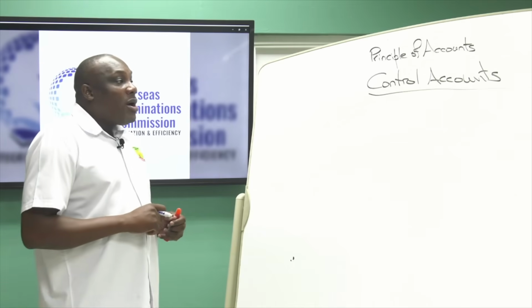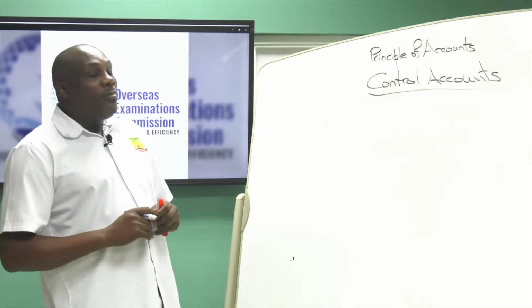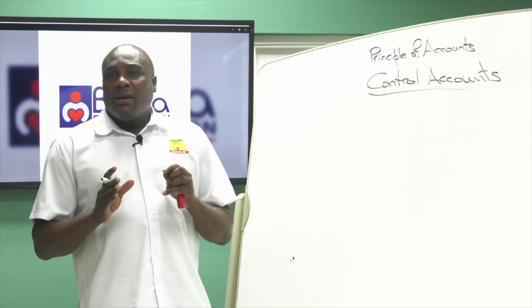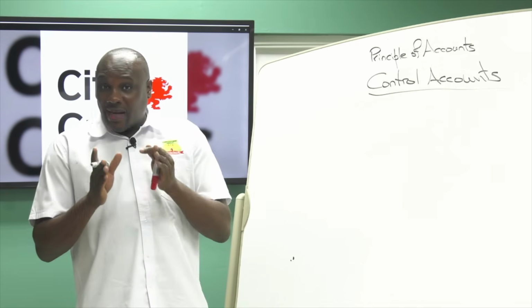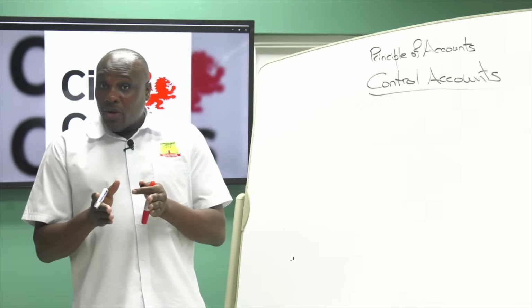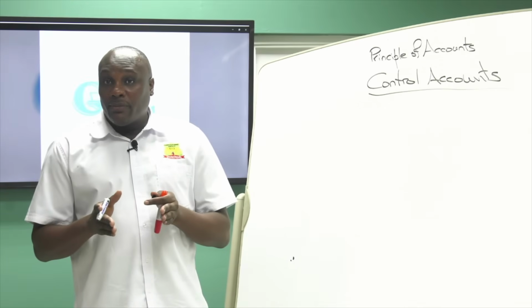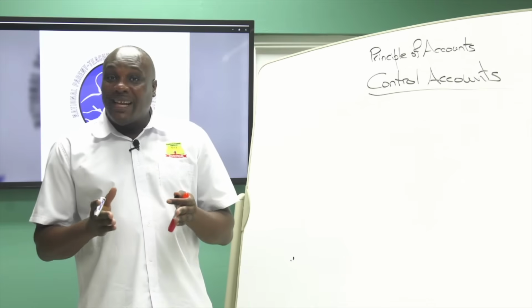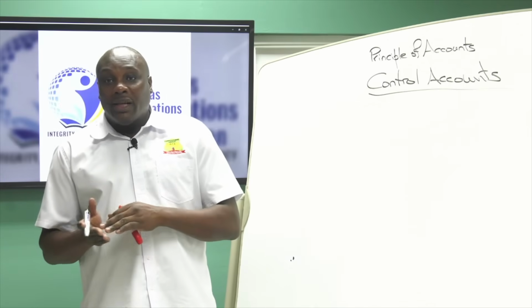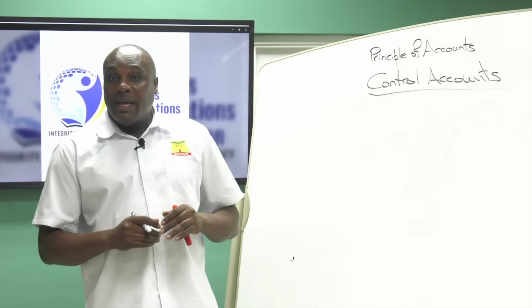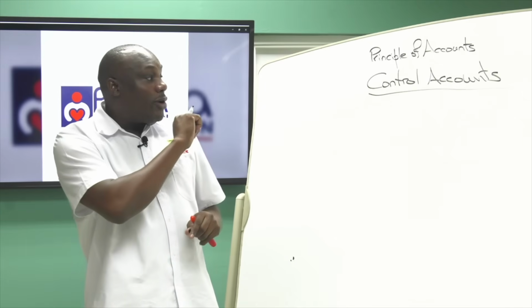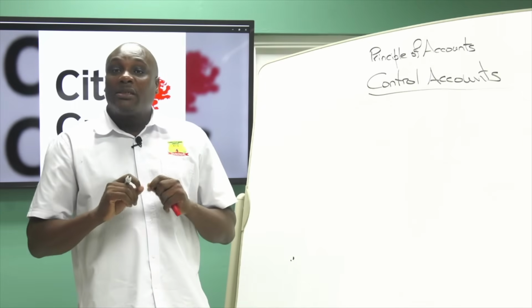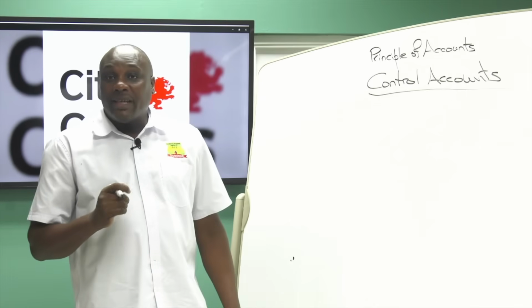Now, first thing first, students, what you must know about control account is that, regarding your CSEC syllabus, we are really focusing on the total debtors and total creditors ledger. Now, you would have learned in subsequent topics that your sales ledger is simply used to record debtors.